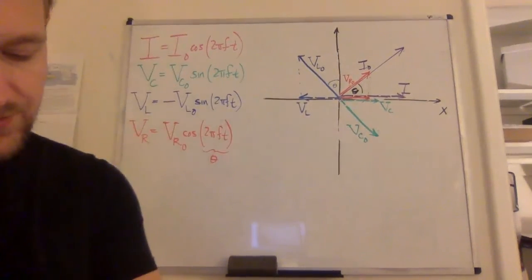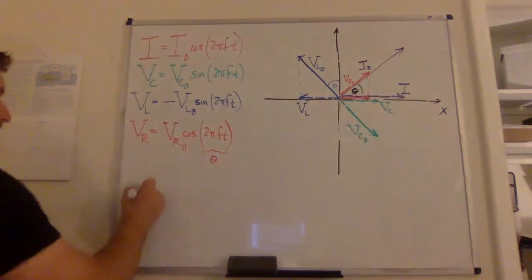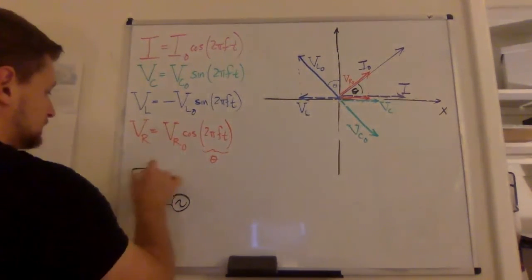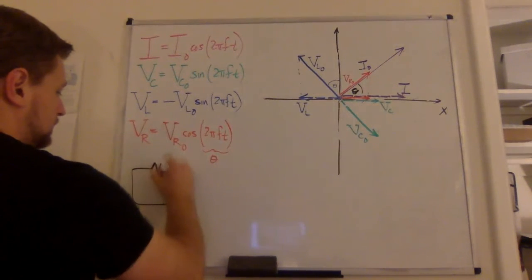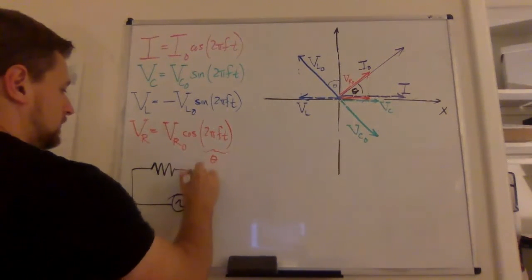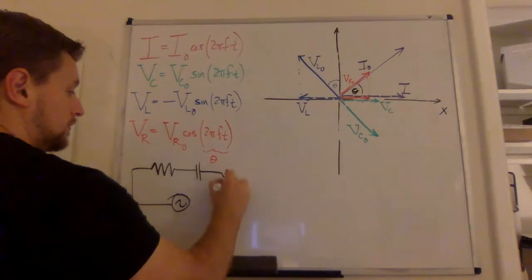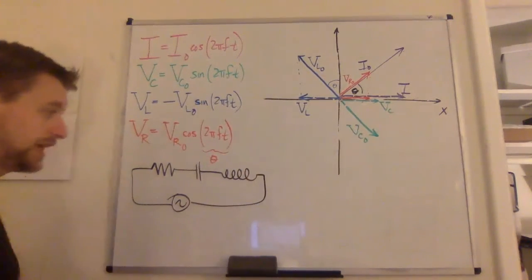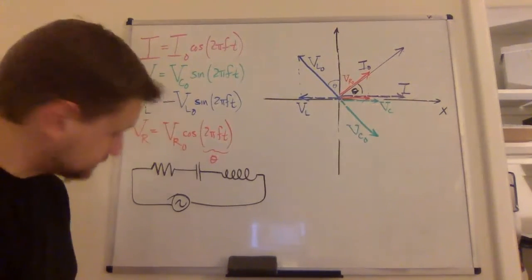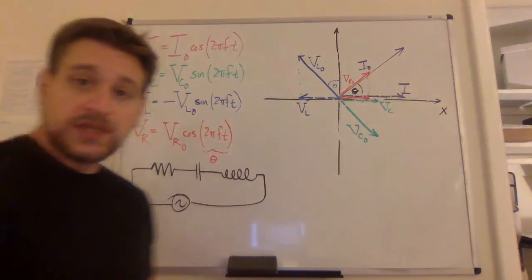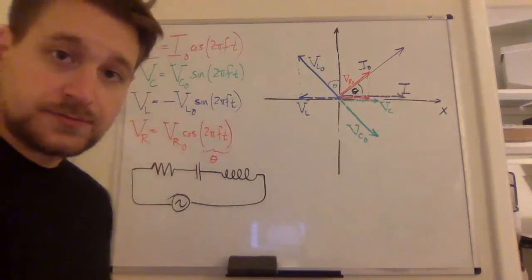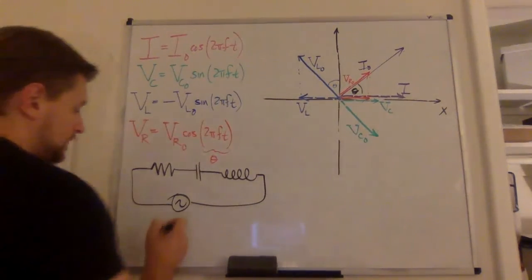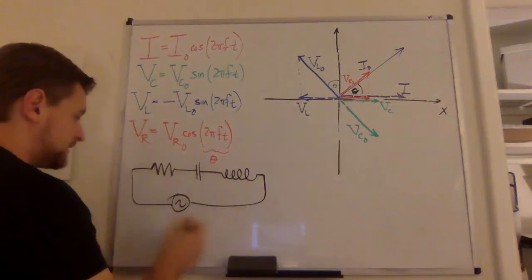The circuit we have is an alternating source, and it doesn't matter the order. We have a resistor, capacitor, an inductor, and we're back. If we apply Kirchhoff's rule, suppose we apply it this way.